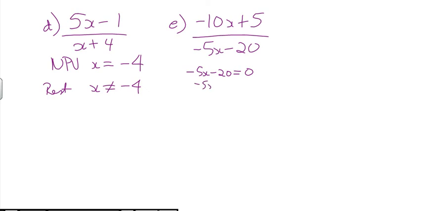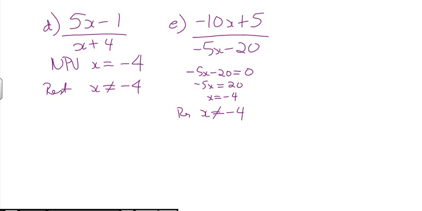Okay, so negative 5x equals 20, and x is negative 4. Okay, and the restriction is x cannot be negative 4. All right? So if you can look at it and just say, hey, negative 4 is what will make that 0, good. And if you need to do a little more work, fine. It's not like it took that long. Okay, just got to solve that.